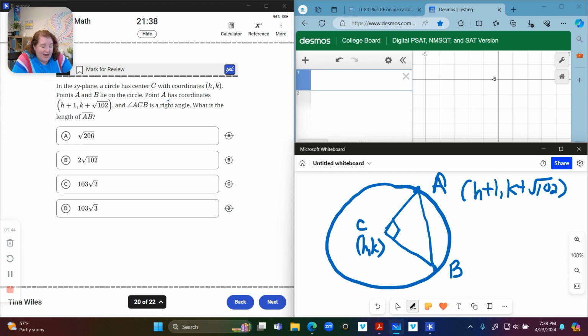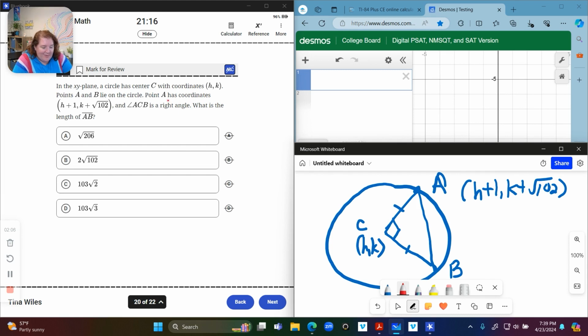Okay, so I have a right angle. I know both of these lines are the same because they're both radii, right? So they have to be the same length. But I need to figure out what that radius is. So I'm going to make another triangle, and this is where it gets a little tricky.